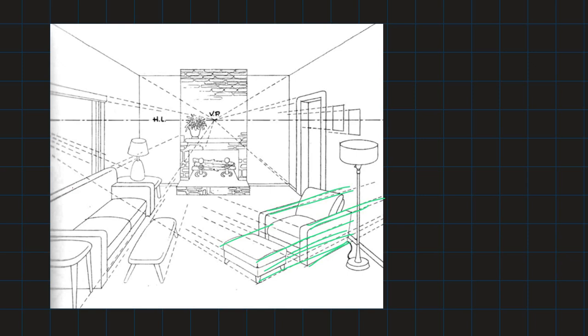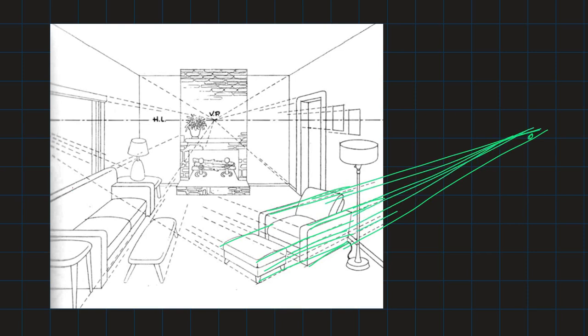In this particular picture, you can't see the vanishing point. The vanishing point is probably somewhere over here. It's outside of the frame of the picture, but that's okay. It still exists. This is a vanishing point, and all these lines converge to it. And then you can see other vanishing points as well.